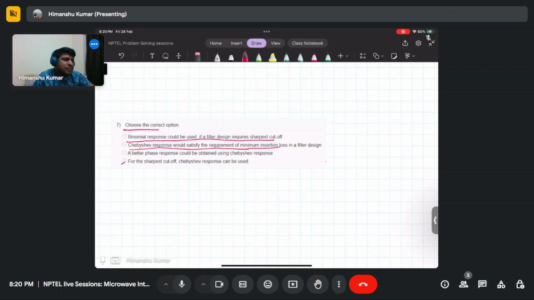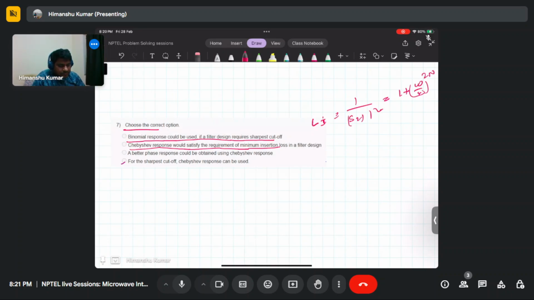You can write the insertion loss in the filter as L, insertion loss, is 1 by |S21| squared. For this filter you can write omega by omega c, and if you have n stages, then it will become 2 times n.